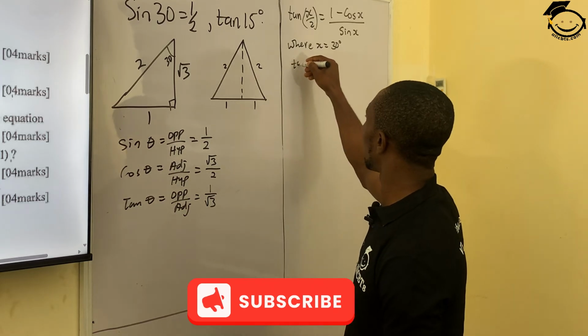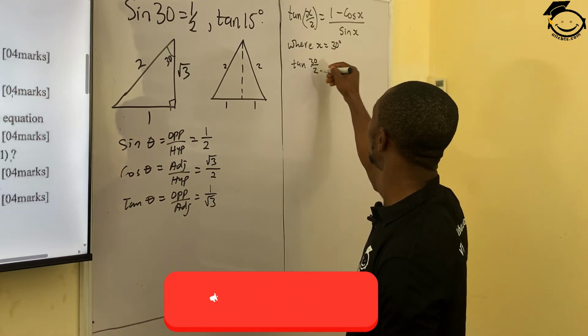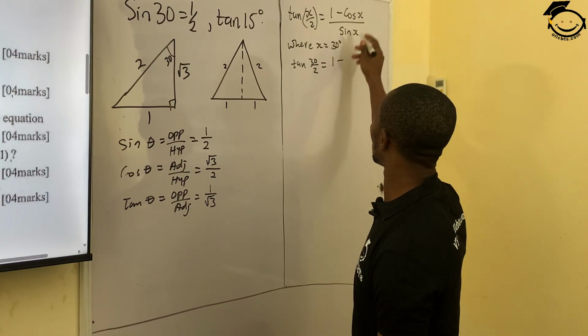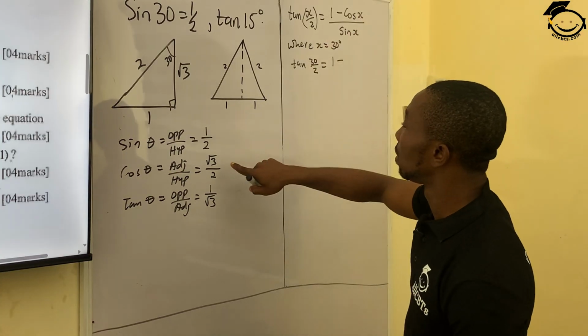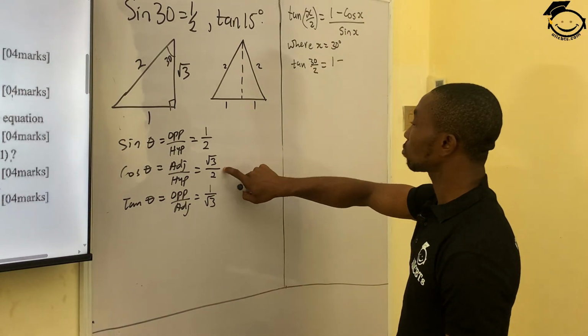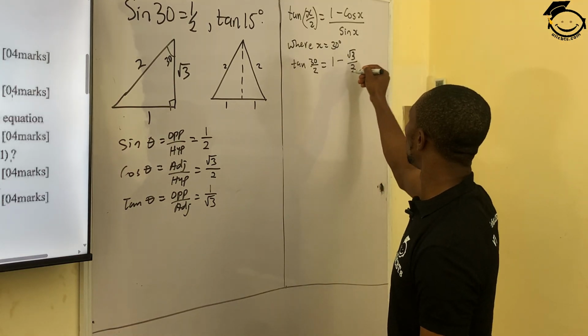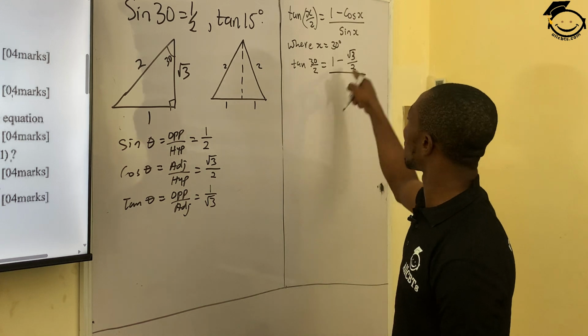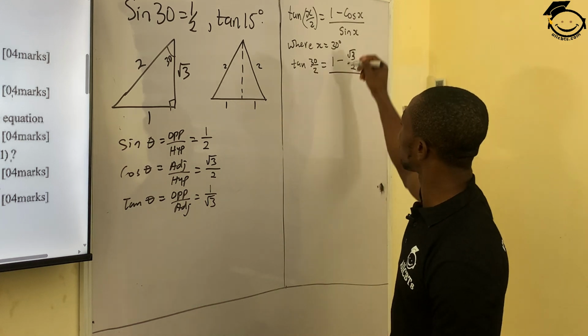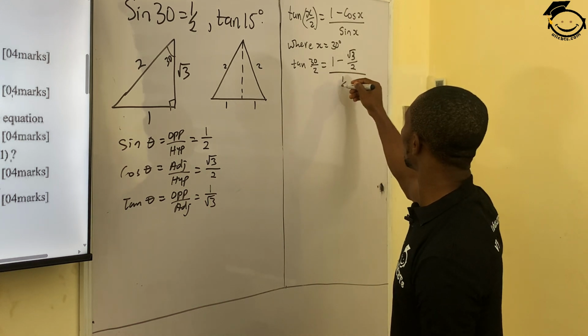So this becomes tan 30 over 2 equals to 1 minus, what's our value for cos x? Cos 30 will give us √3 over 2 all over sine x, which is sine 30, will give us 1 over 2.